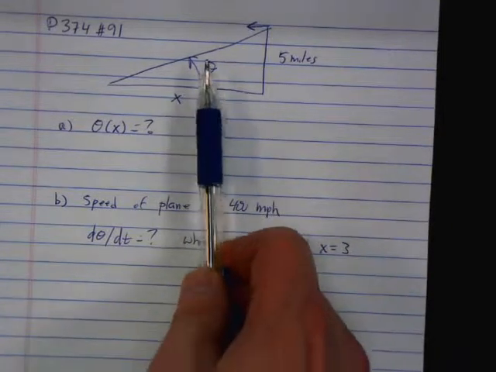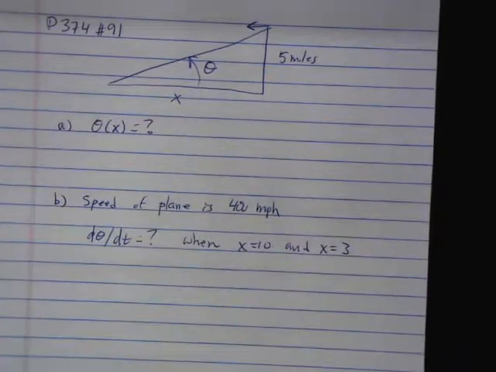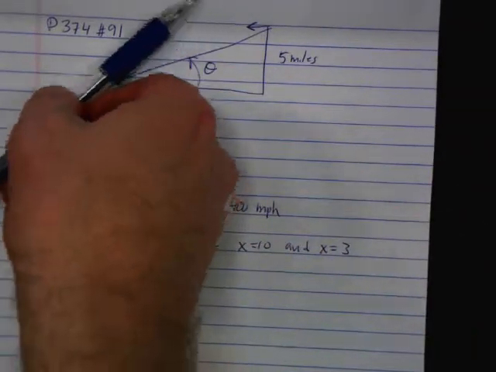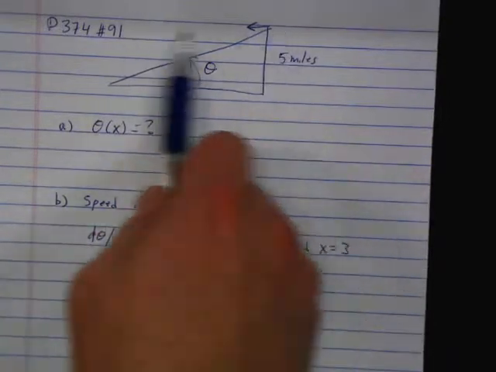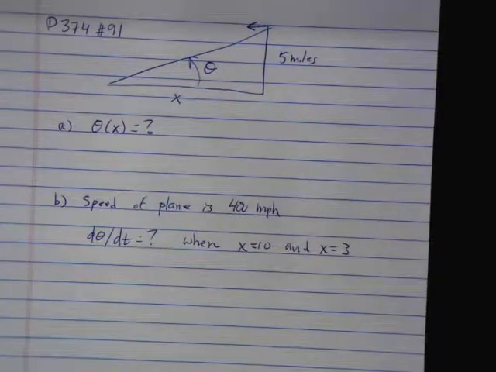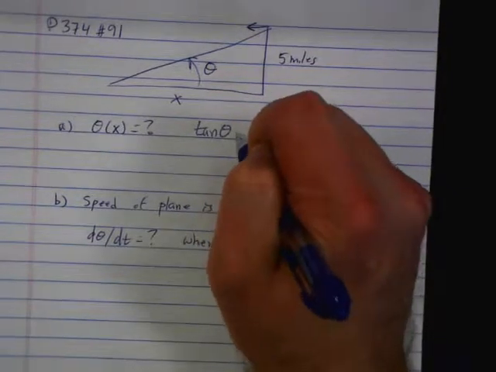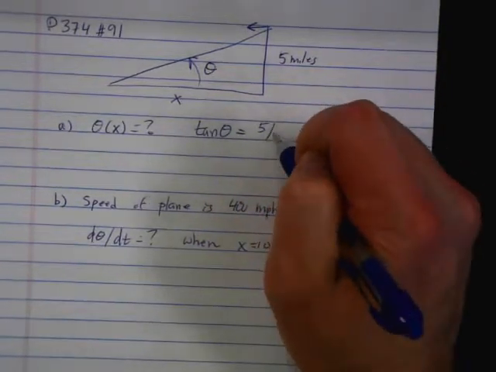So what can you tell me about theta and x? As theta increases, x decreases. That's true. As this angle goes up, the airplane's going that way, so x is getting smaller. Tangent of theta is 5 over x, right?